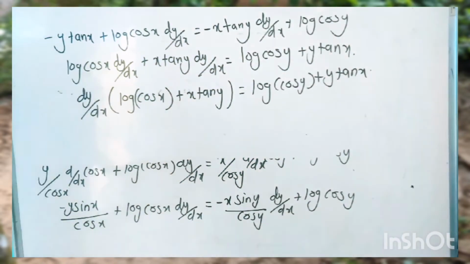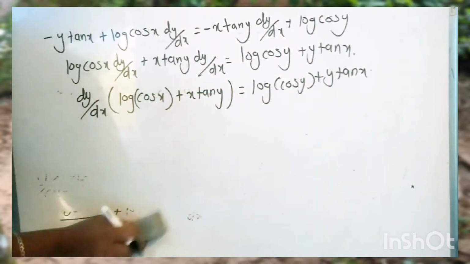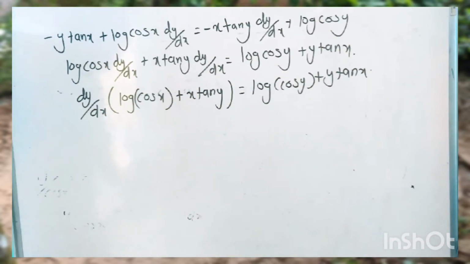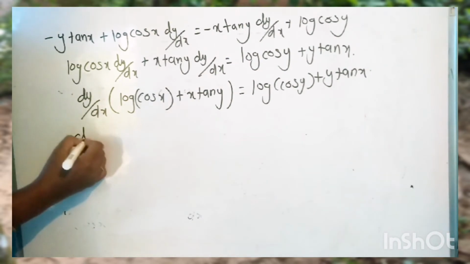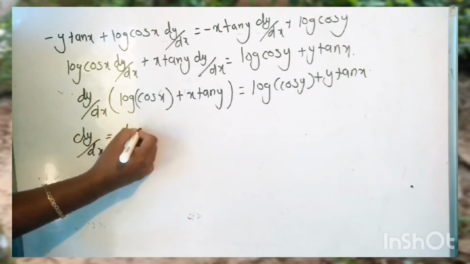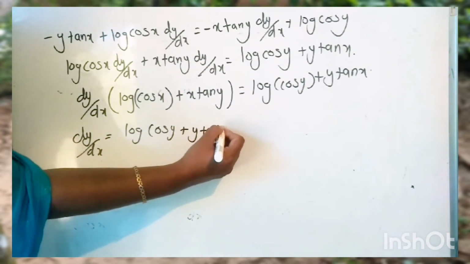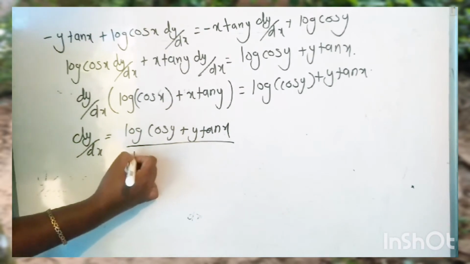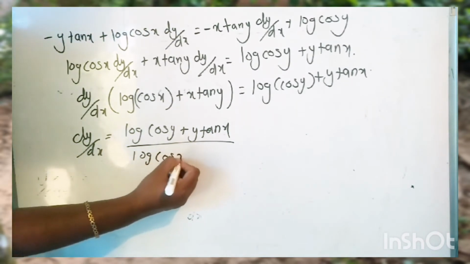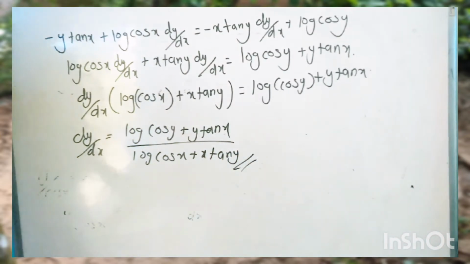Now take this to the RHS, then dy by dx is equal to (log of cos y plus y tan x) divided by (log of cos x plus x tan y). Okay, this is the derivative of the given function.